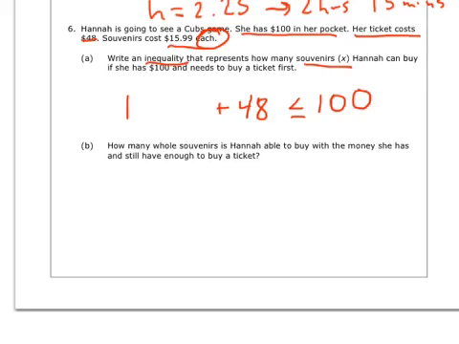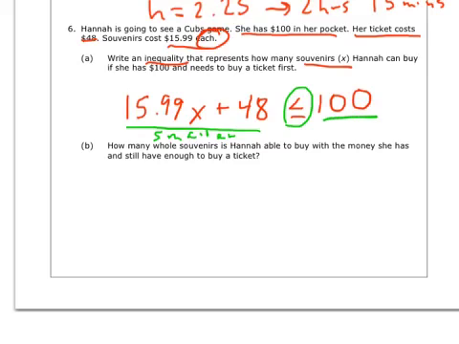So $15.99X. Let me reiterate how you know that it is facing that direction. This is telling us that this side has to be smaller than that side, because she cannot spend more than the amount in her pocket. So that's why it looks like that.